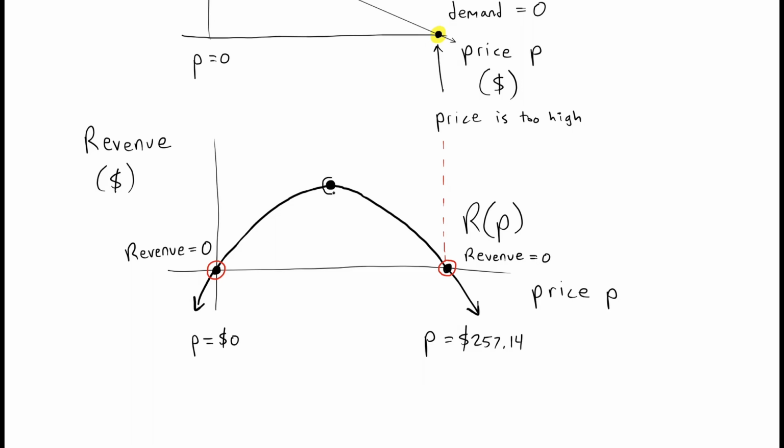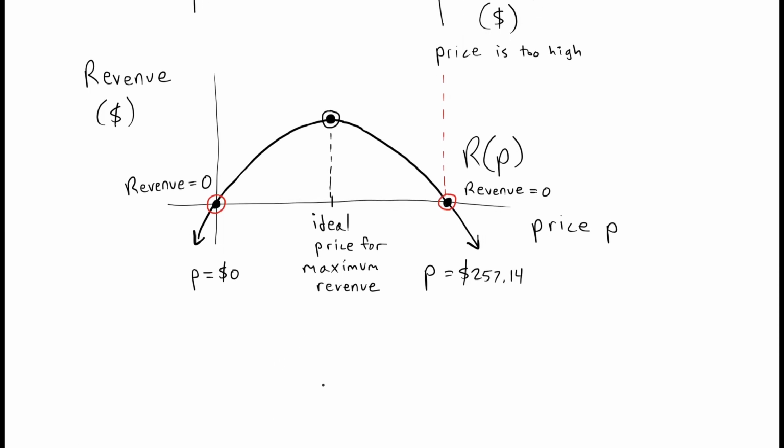And that's where there's a peak at the revenue function. And that's what we need to find. What is that ideal price for maximum revenue? Let's see if we can find it.